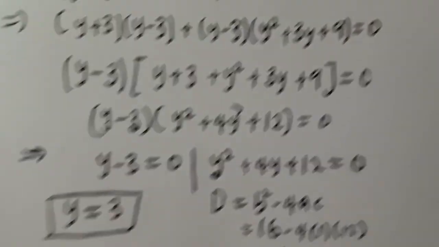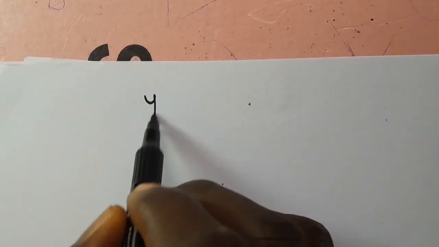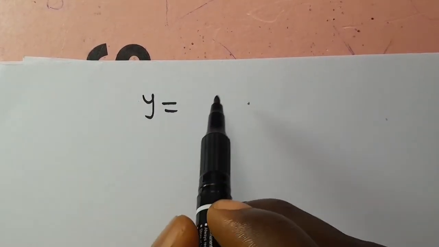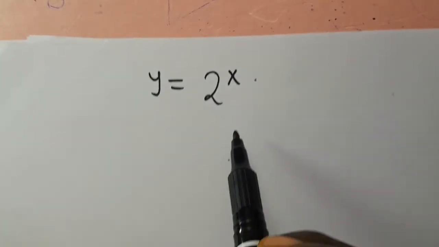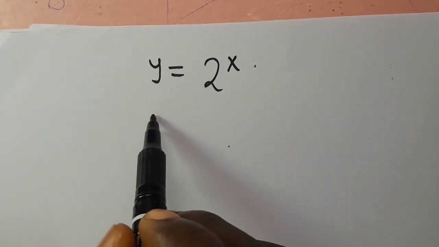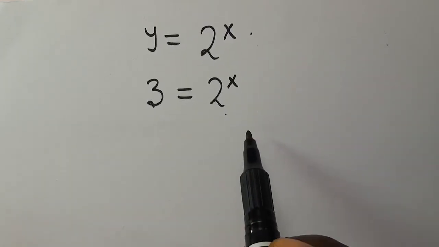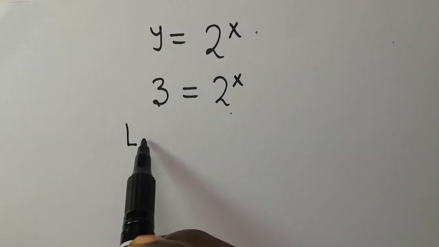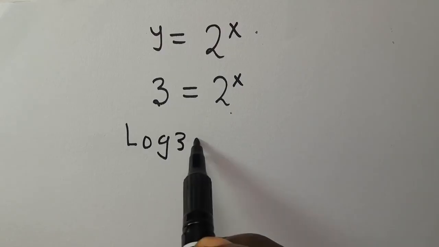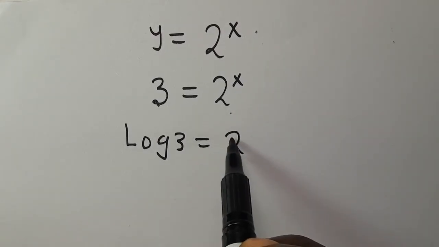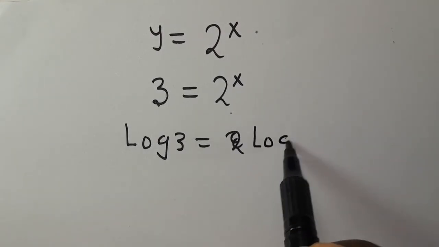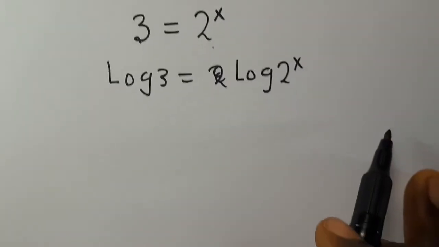Now, let us recall that we have y equal to 2 to the power of x. Now, as y equals 3 equals 2 to the power of x, let us introduce log. We have log 3 equals log of 2 to the power of x.